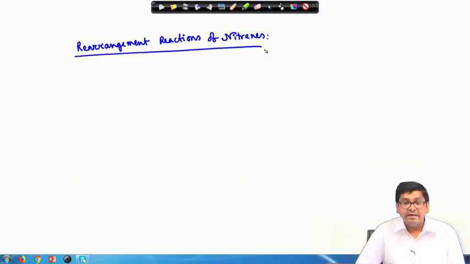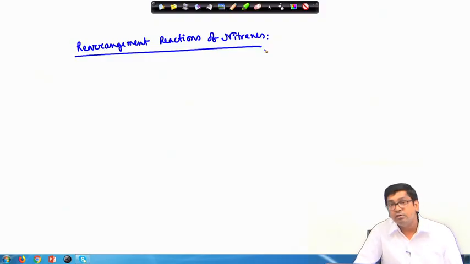Now, the leaving groups due to this migration, some groups that will act as leaving groups, will be different in different reactions. According to that, different rearrangement names came.